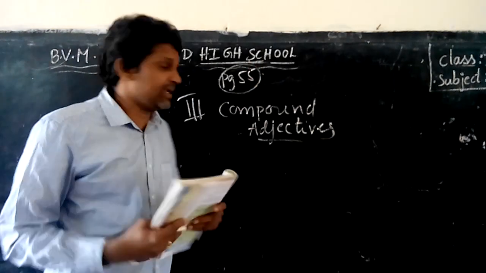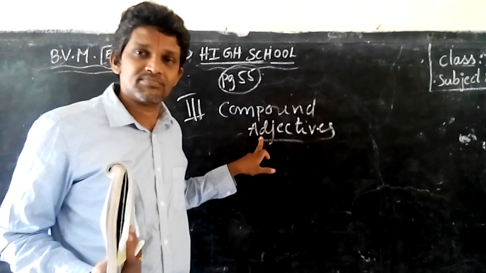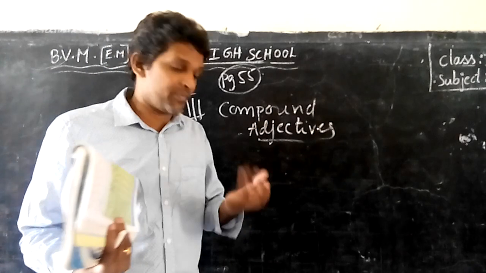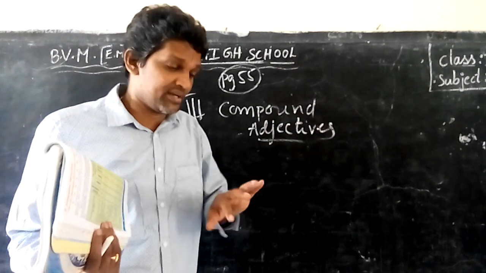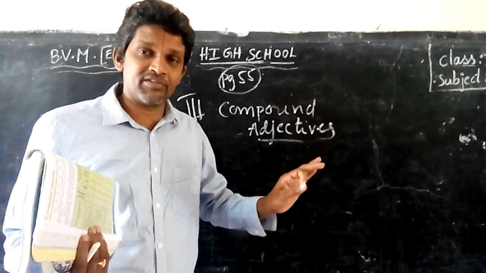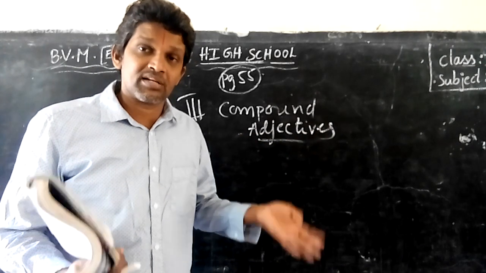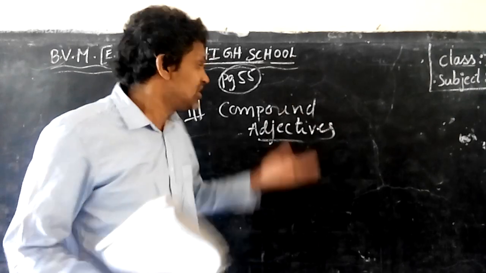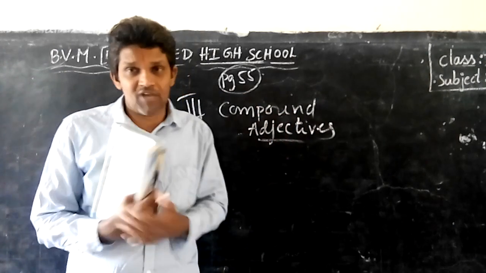So you know the meaning of adjectives. Parts of speech, how many parts of speech are there? You know about it: noun, pronoun, adverb, adjective, interjection, conjunction, preposition. All these are parts of speech.